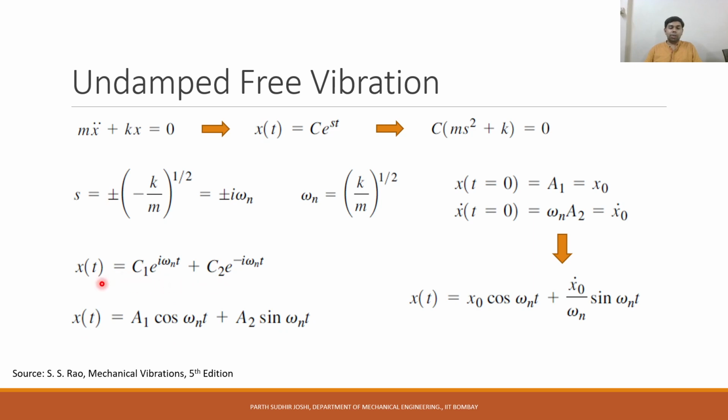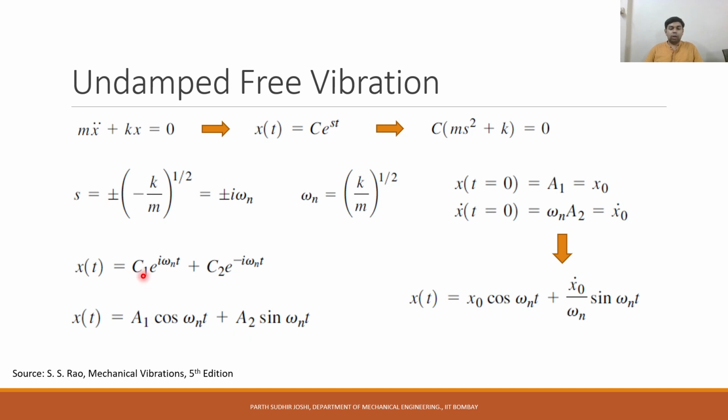So these complex numbers can be written as a sum of basically, so e raised to i omega n t can be written as cos omega n t plus i sine omega n t. So using that concept, we can also write it down in this form, the general solution.